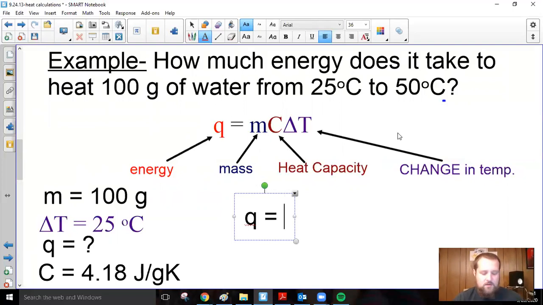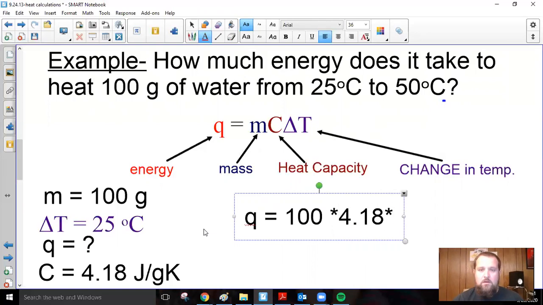So what was my mass? It was 100. When I'm doing the math, I don't bother to put the units in. The heat capacity, C, is 4.18. And last but not least, the temperature change was 25 degrees. And that's it. Like that's all you got to do. That's a multiply symbol, stars multiply symbol.